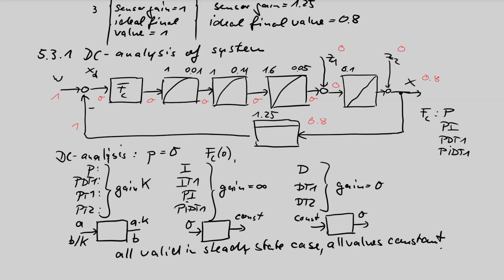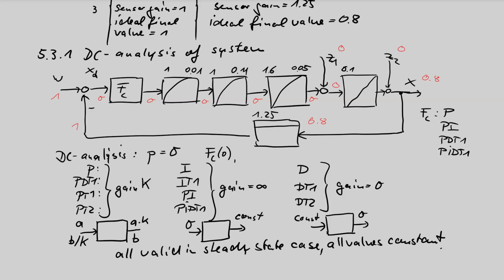In other discussions, we can say, okay, independent of the controller, we always have a 0 control error caused by this integrator. This 0 goes backwards up to this point. So we can say, to have 0 control error in the reference case, a P controller or a PDT1 is okay, and both have 0 control error, so we don't need an integrator in the controller, because the integrator in the controller cannot improve the situation.